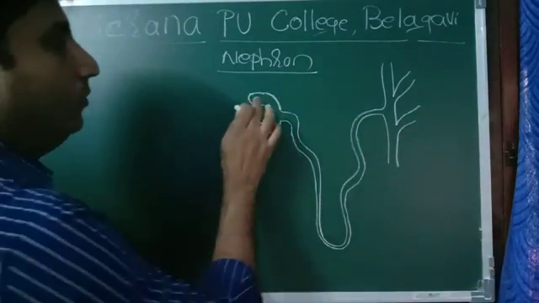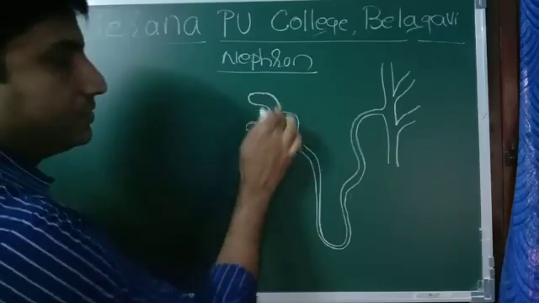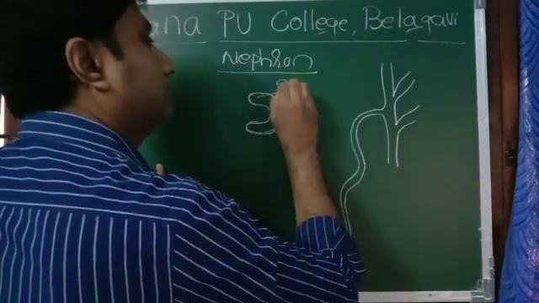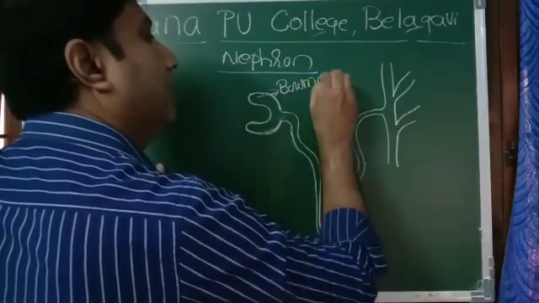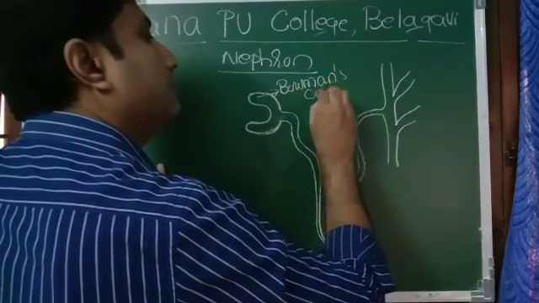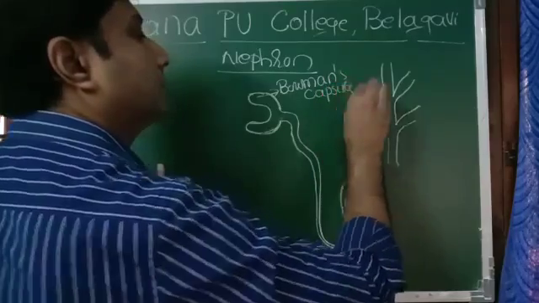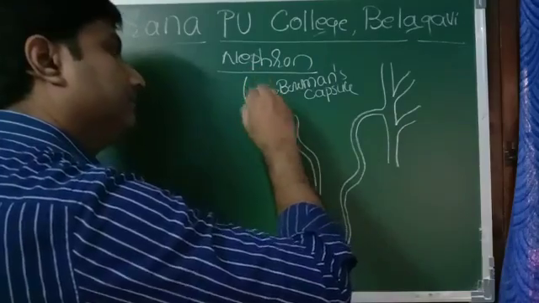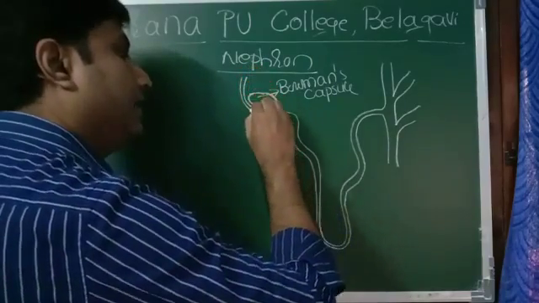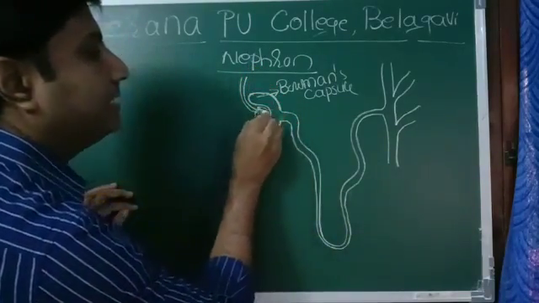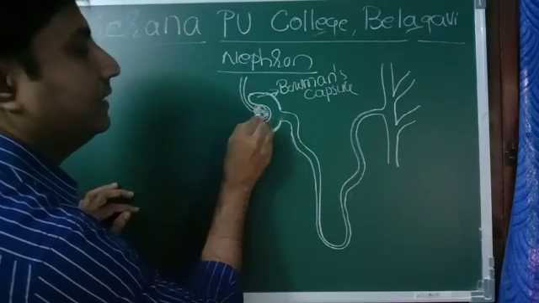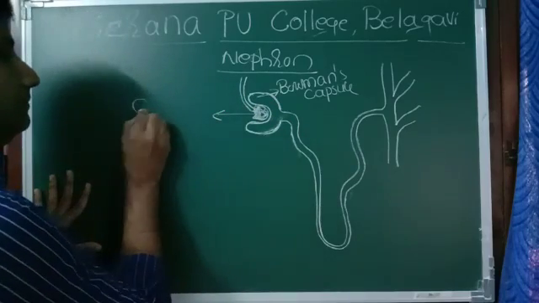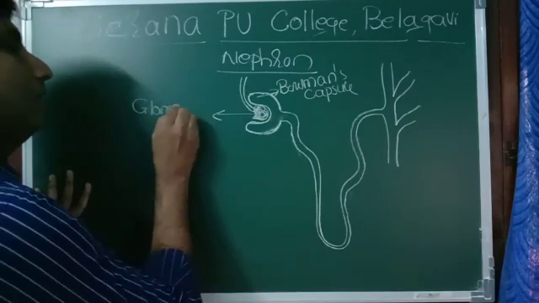Now this is called Bowman's capsule. The blood vessel enters in, and here the blood vessel divides and redivides. This is called the glomerulus.